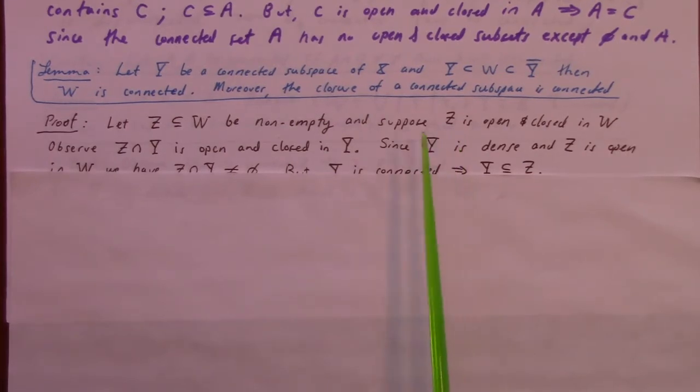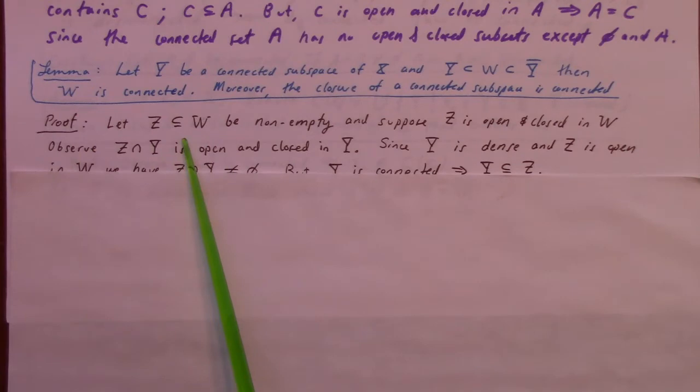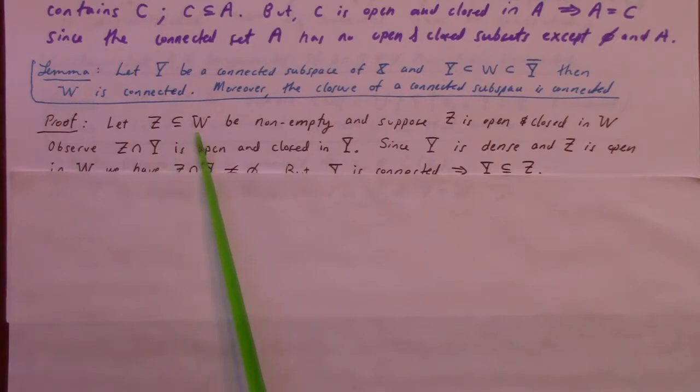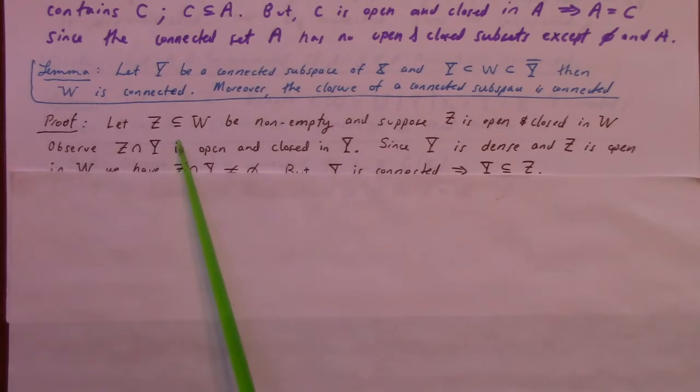I'm trying to prove that W is connected right now. So what I'm doing at the moment is taking a subset of W which is both open and closed. My goal is to show that Z is equal to W, because if I can do that, then that proves that W is connected. Well, anyway, going on here.